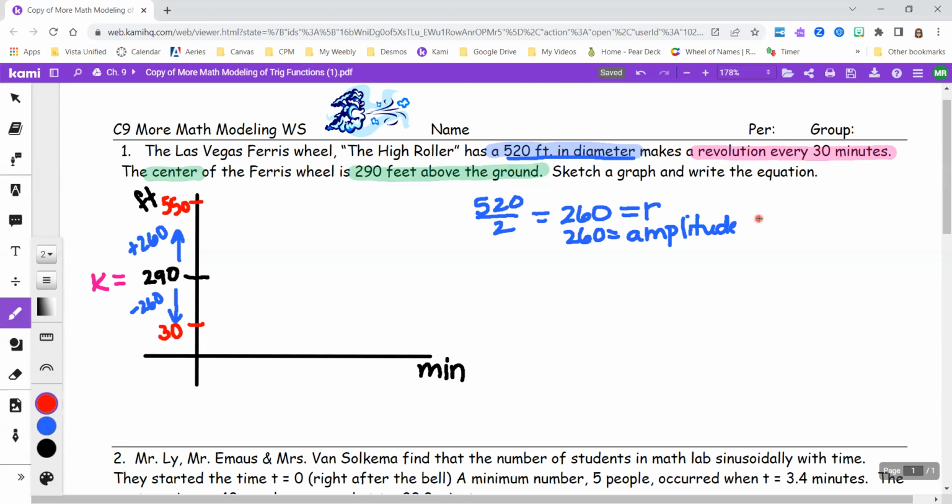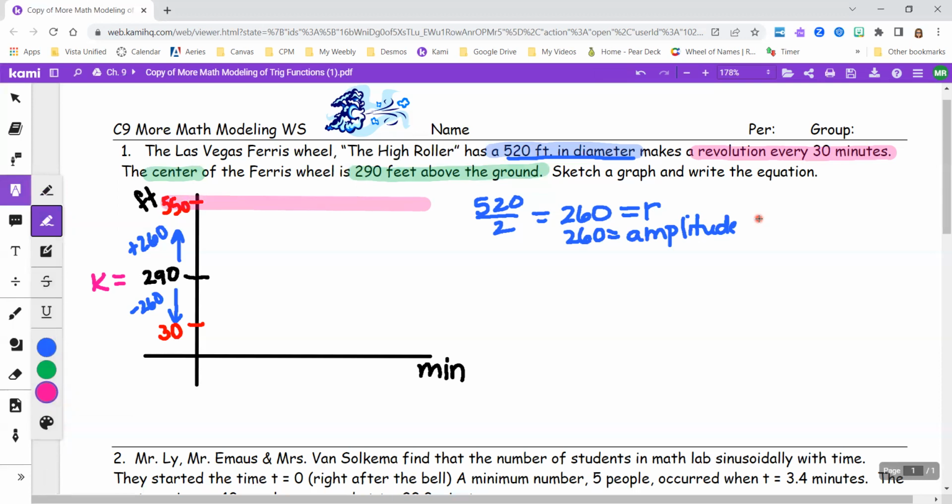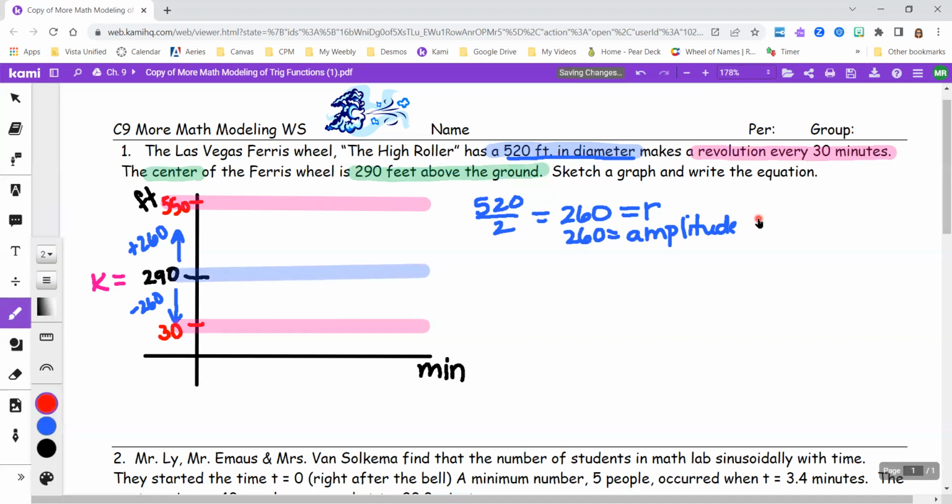Okay, so what I'm going to do now is sketch this. I have my high and low, and then I have my middle, which is my K. I always graph 5 points, 1, 2, 3, 4, 5. Now in this situation, we do not know where we're starting, so I would start somewhere that is easy for me.